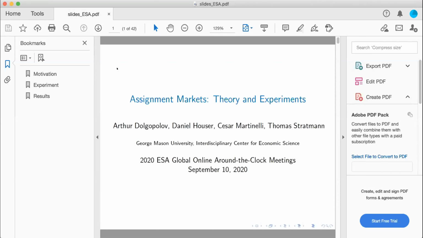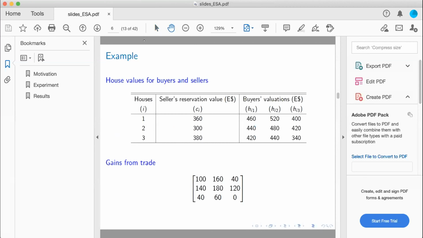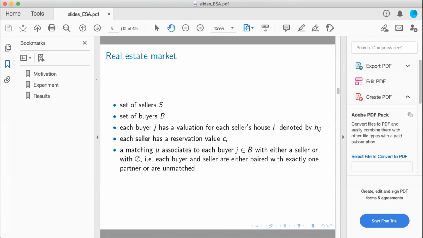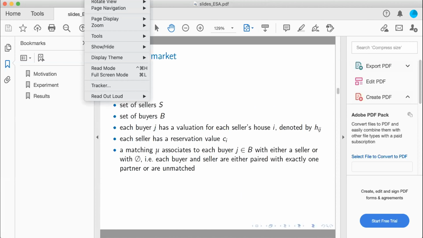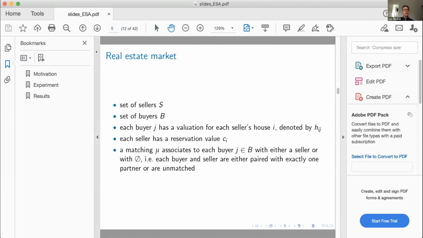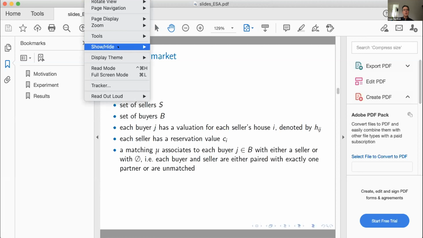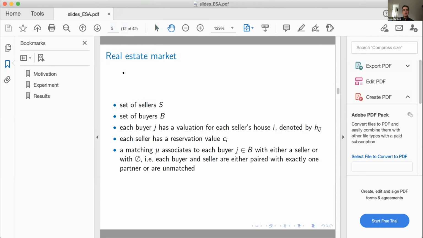Cesar, I'm sorry. It seems like we are only seeing your title page still. Yeah. How about now? Now we see something else. Adobe is not working well. Is it passing pages?